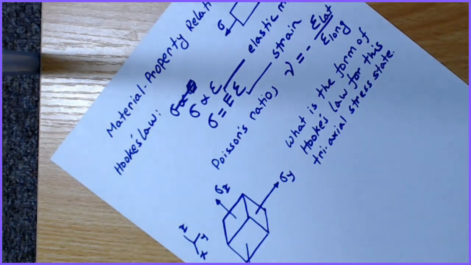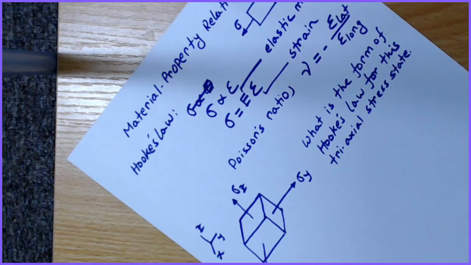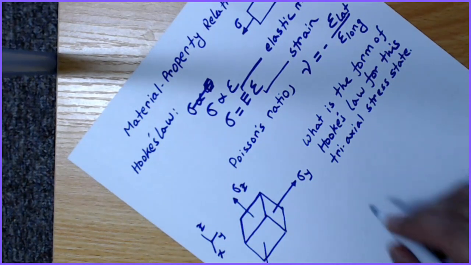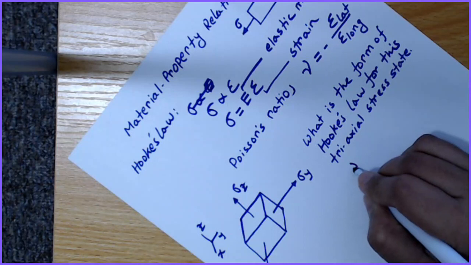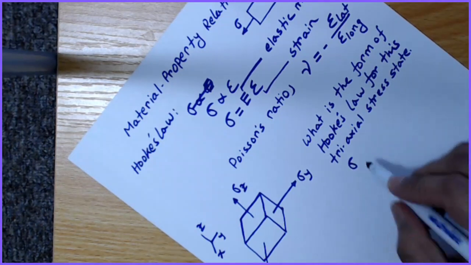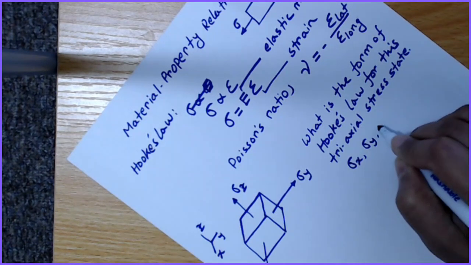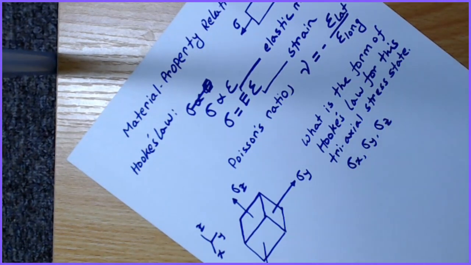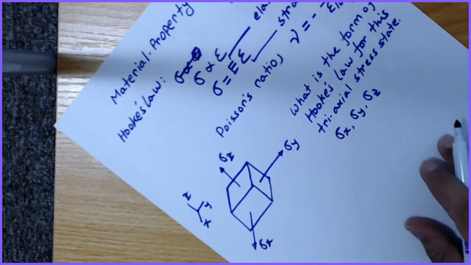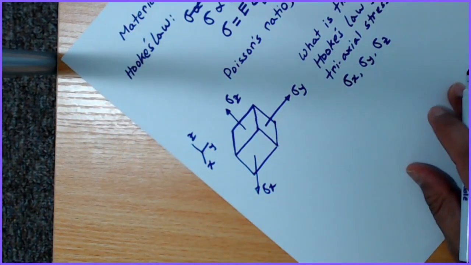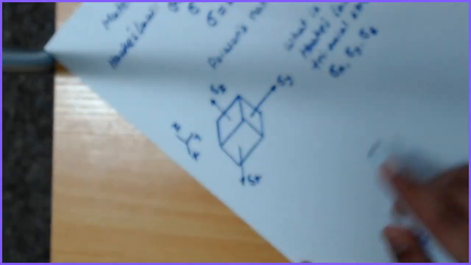What is the form of Hooke's law for this tri-axial stress state? We have a 3D element and it experiences sigma x, sigma y and sigma z stresses. Now we're going to do it step by step.